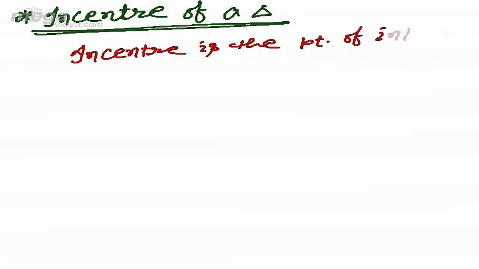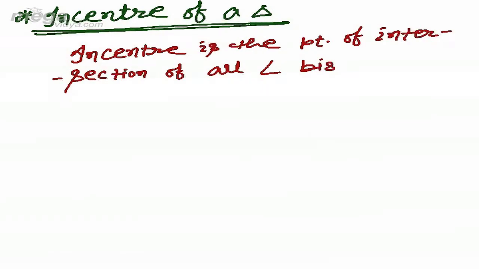In the same manner, the incenter is the point of intersection of all the angle bisectors of the triangle. So I am writing here the definition: incenter is the point of intersection of all angle bisectors of that triangle.